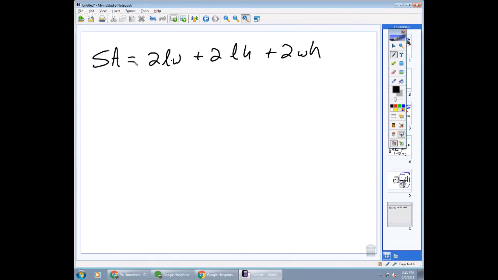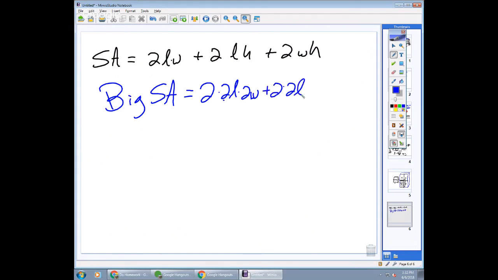What did we do to each length and width? We doubled them, yeah. So our new big box, big surface area, is going to have 2 faces that are twice the length and twice the width. It's going to have 2 faces that are twice the length and twice the height. And it's going to have 2 faces that are twice the width and twice the height.